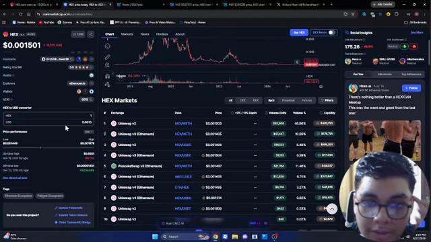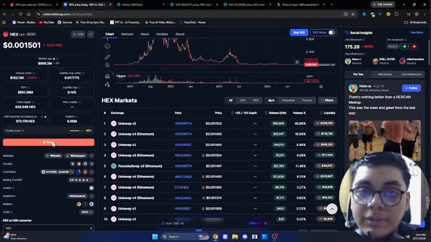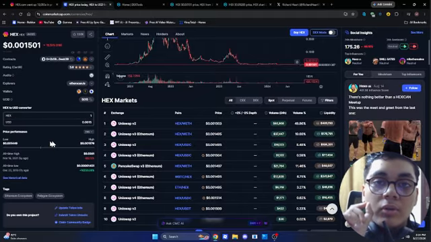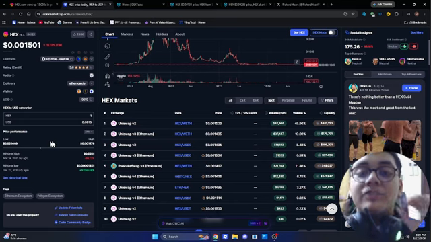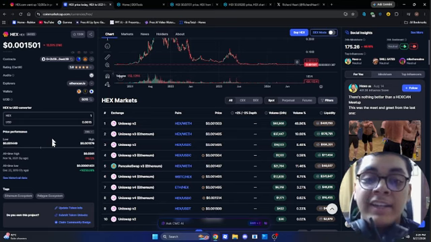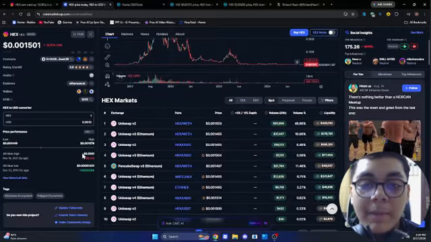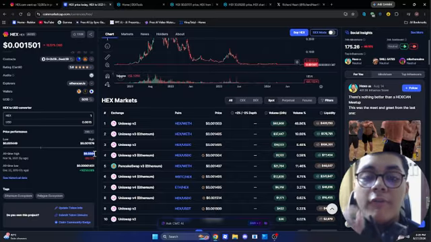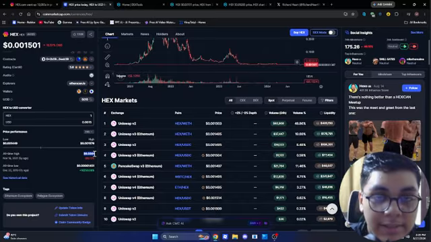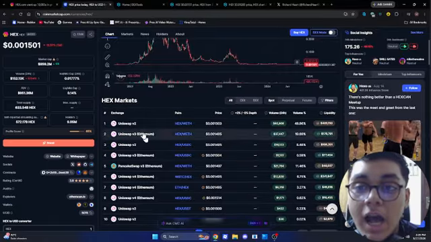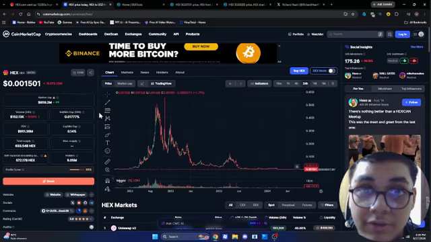This coin literally went to the moon. It did 10,000 X. I explained this in the last video, I'm telling you again. It reached an all-time high of about 56 cents.